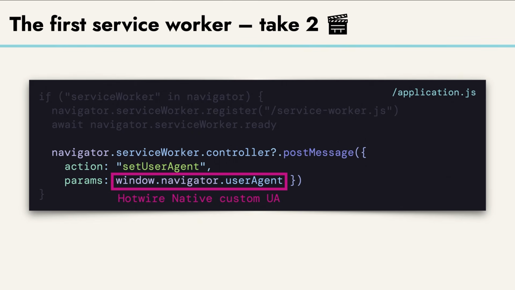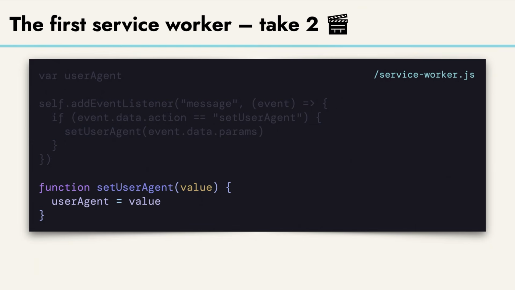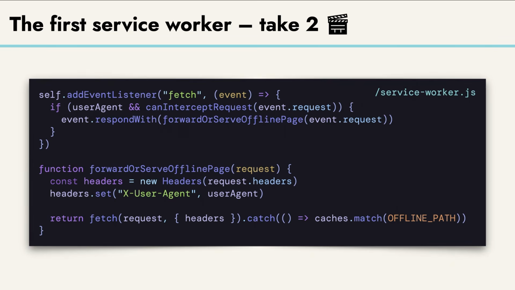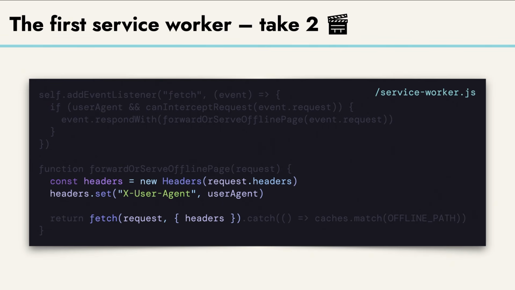And like this here, this will be the custom user agent. Then in the service worker, in the message event listener, I get the user agent and store it in a variable here. And finally, in the fetch event, when intercepting requests, I see if I have a user agent set, and if we do, I pass it over to the request using a custom header, X-User-Agent.